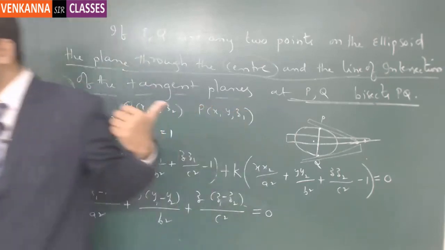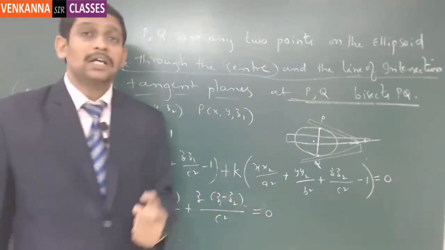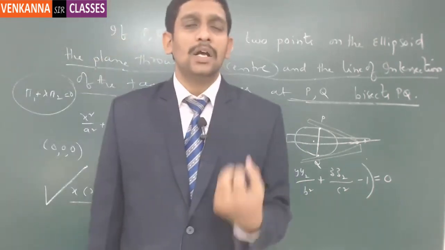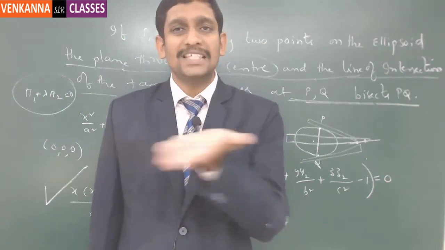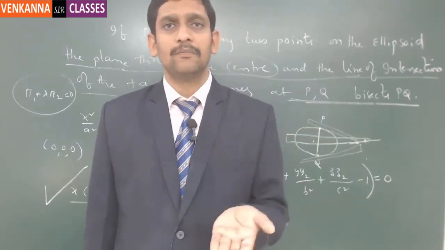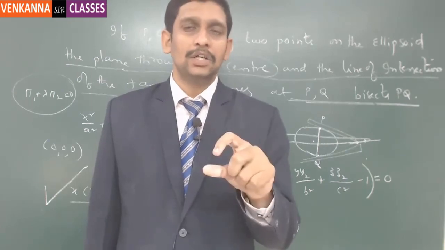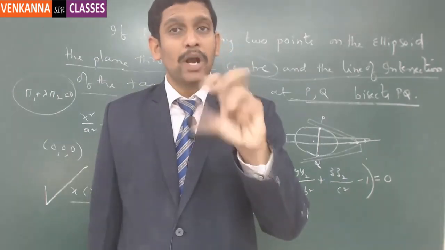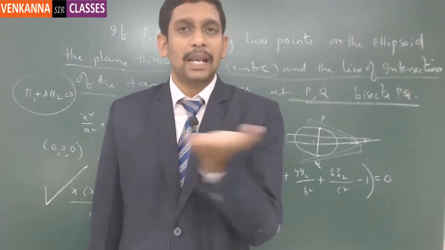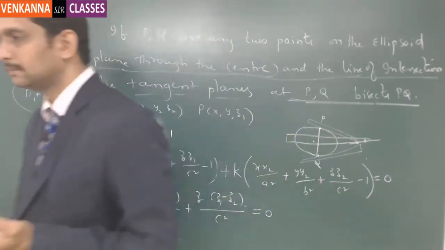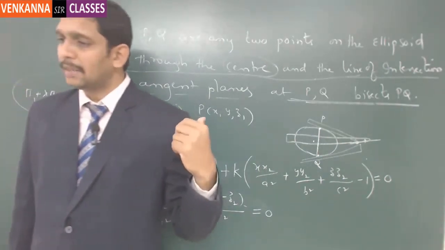Read the question tag of the problem once. Accepted? Right. And we discussed the approach of how to show that the plane is bisecting the line segment. As per the discussion, we agreed that if you take the midpoint of PQ, that midpoint lies on the plane, so that it will bisect the line segment.